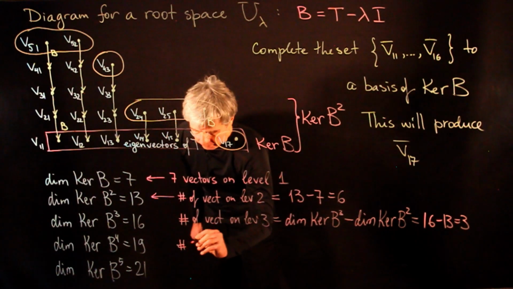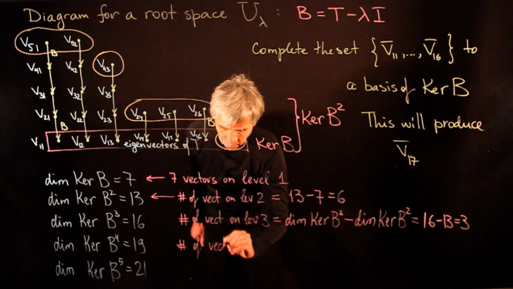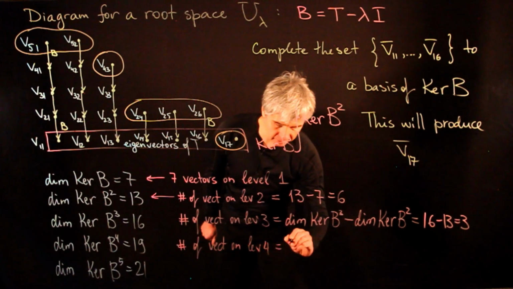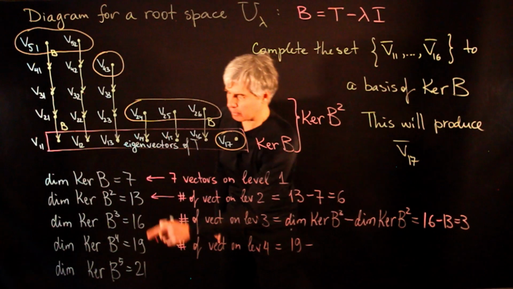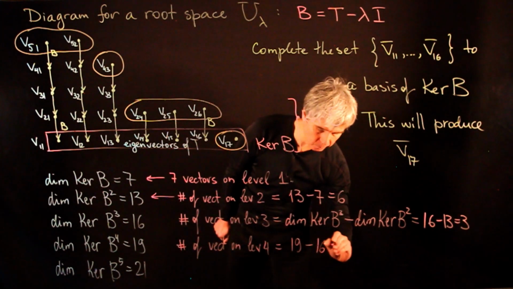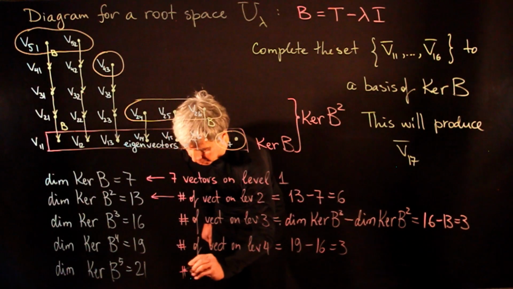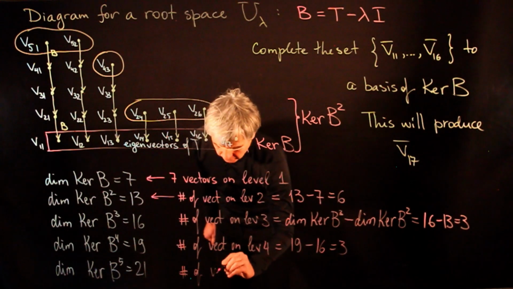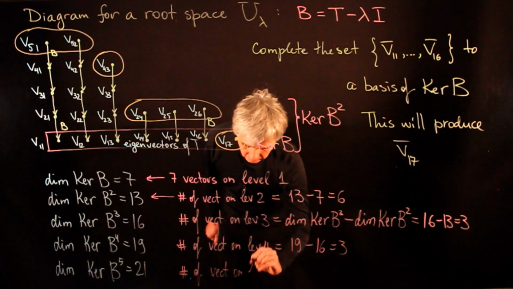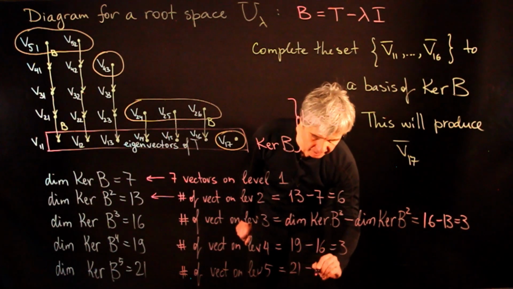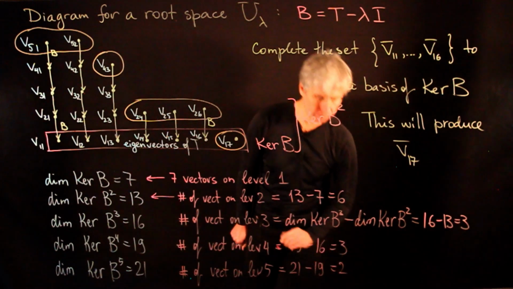Then the number of vectors on level 4 is 19 minus the previous number, 16, which is 3. And finally, the number of vectors on the top level, level 5, is 21 minus 19, which is 2.